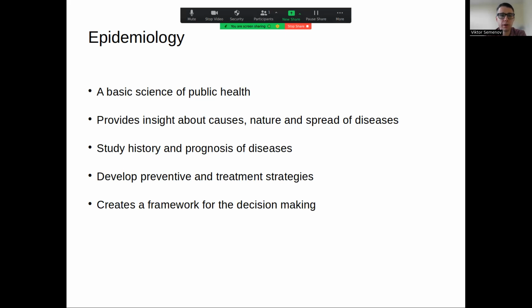Epidemiology defines the preventive and treatment strategies for different diseases. And also it creates the framework or environment for making decisions which would be based on the existing or accumulated body of evidence.